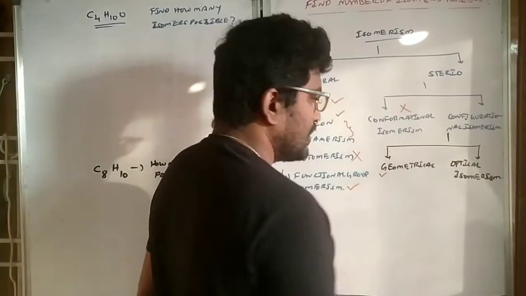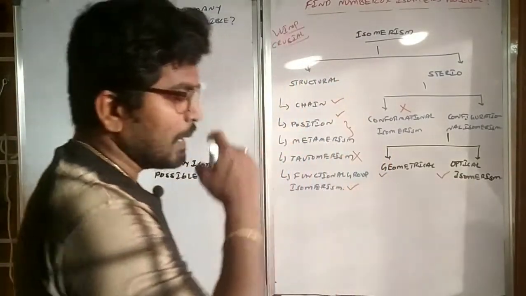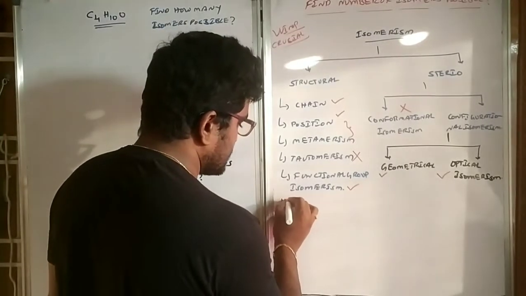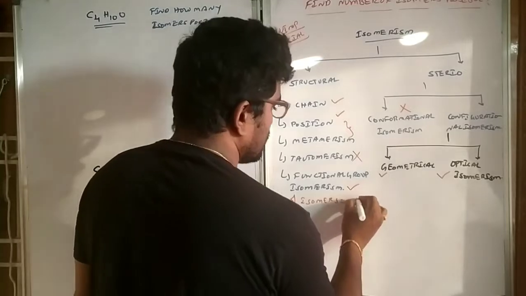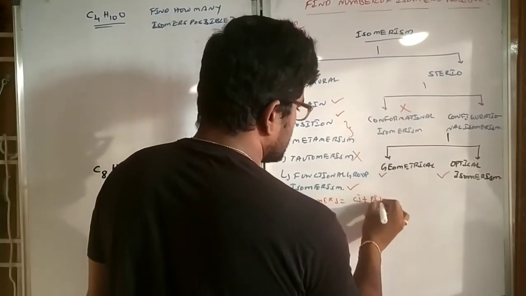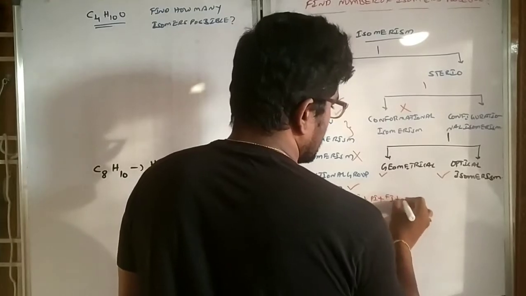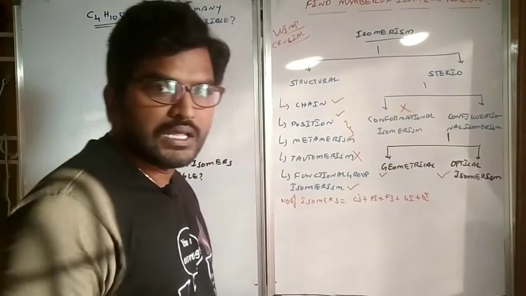You have to find how many geometrical isomers and how many optical isomers are possible, and club all these things. Number of isomers equals chain isomers plus positional isomers plus functional isomers plus geometrical isomers plus optical isomers.